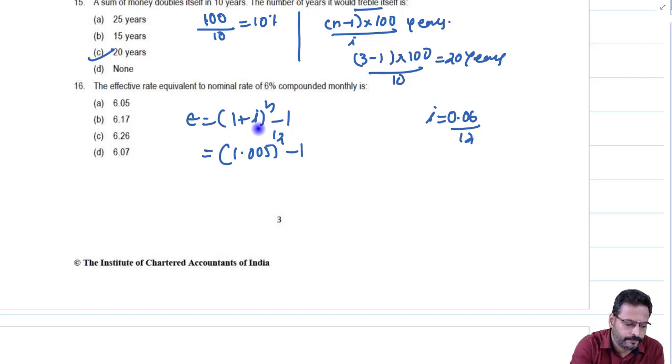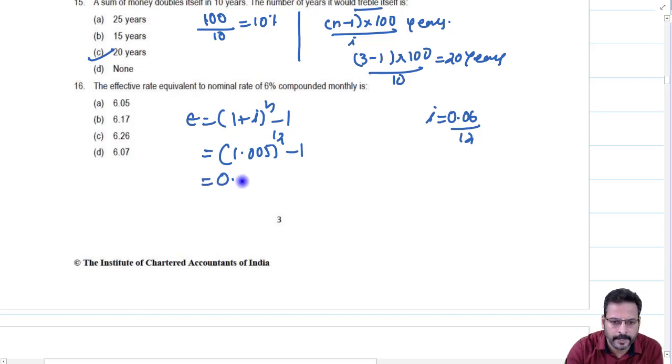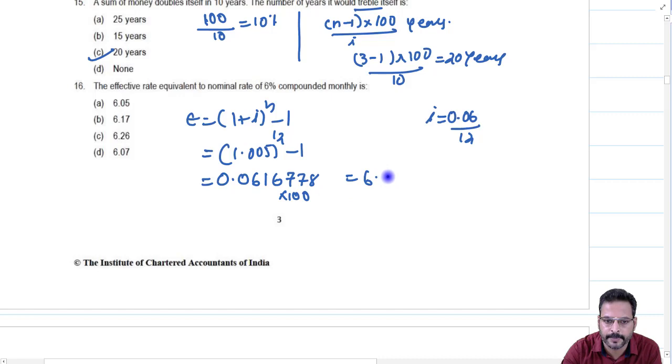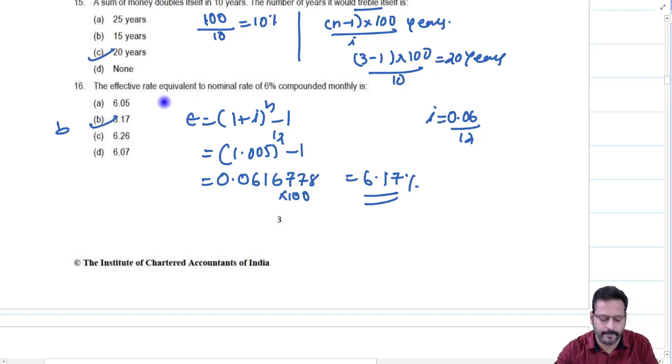We will get 0.06167778. So into 100, that means in percentage, 6.167 can be written as 6.17 percentage. Answer will be B.